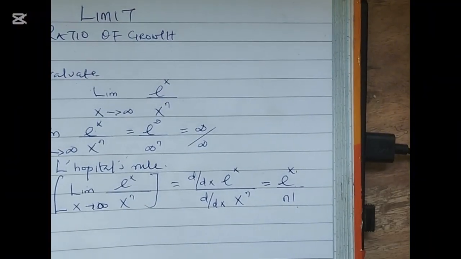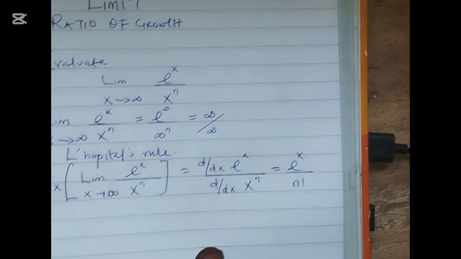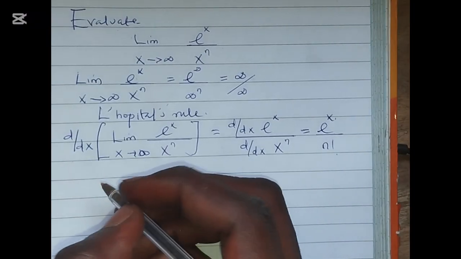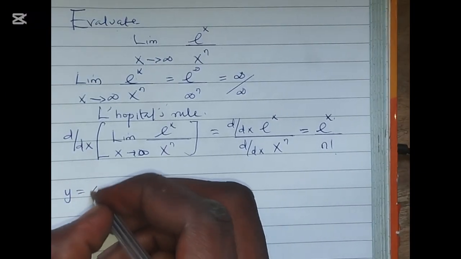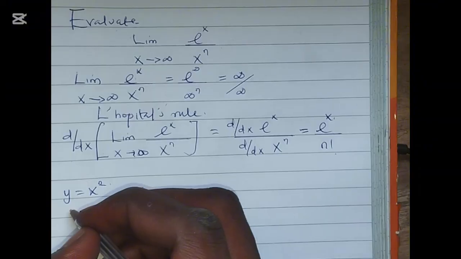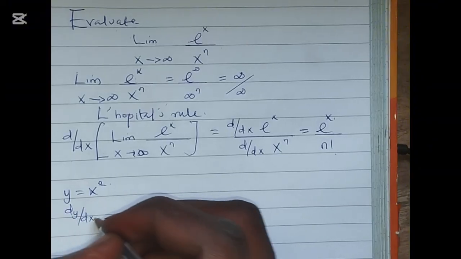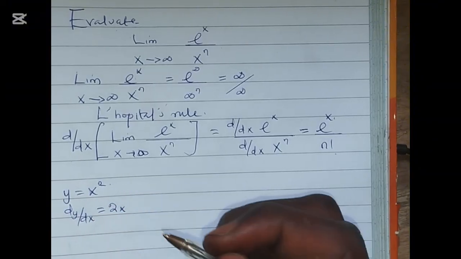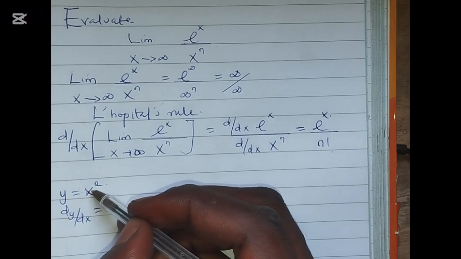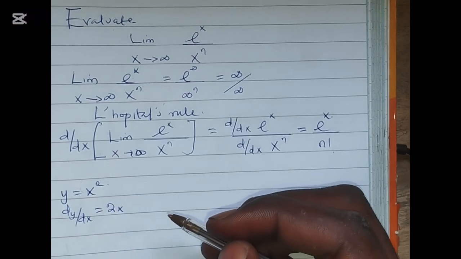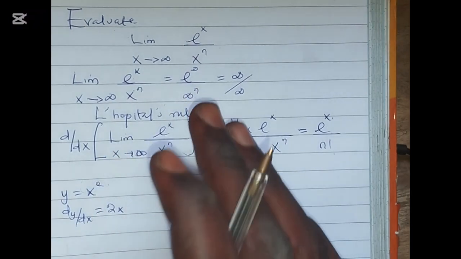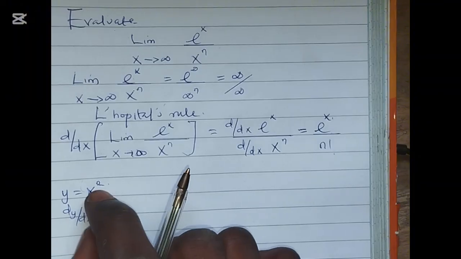How do we get this? When you are asked to find the derivative of y equals x squared, you know the result is dy/dx equals 2x, just by saying the 2 multiplies the x and you take away 1 from the power. That is simple and basic because you have a constant power.